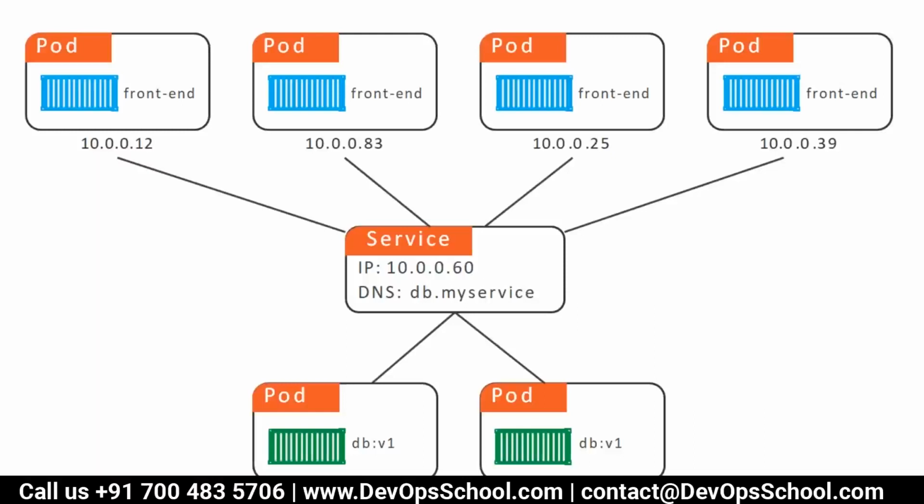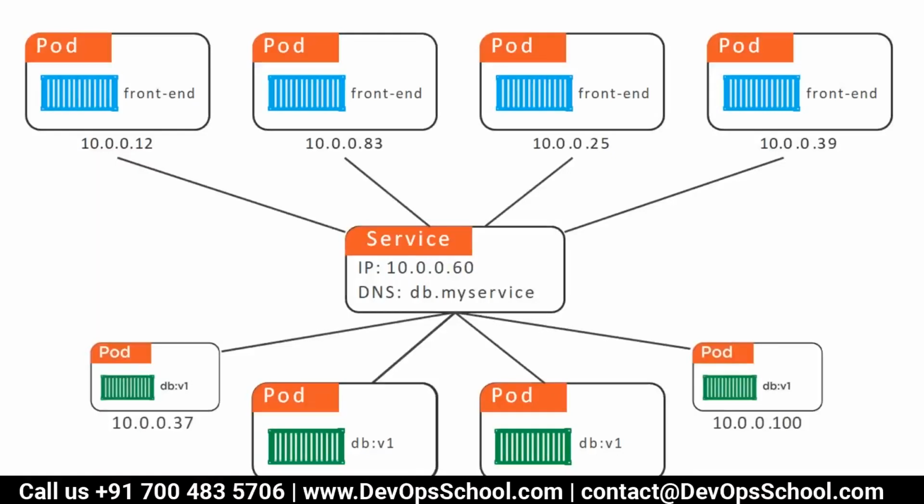So the solution for the problem which we had earlier is service. Now, if you add more pods, new IP addresses get added, and the service automatically detects these new pods. How? I need to talk about it. But service automatically detects these new pods.